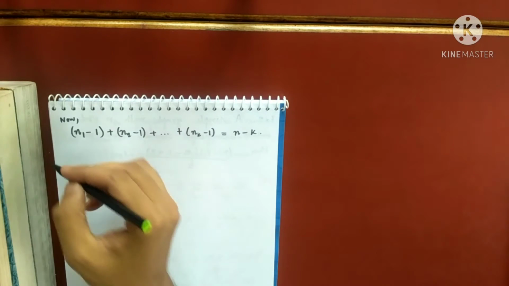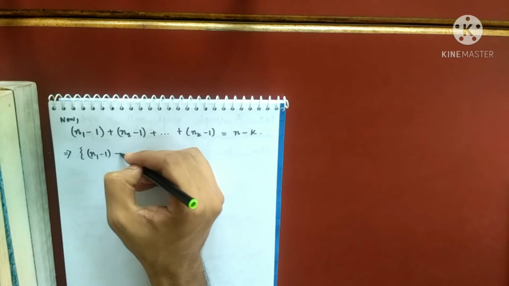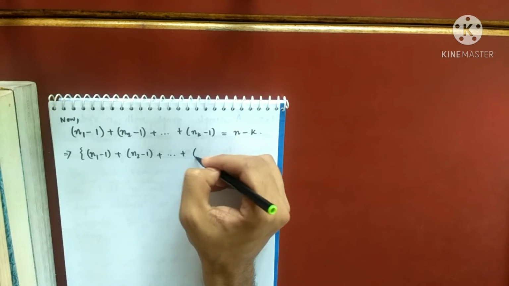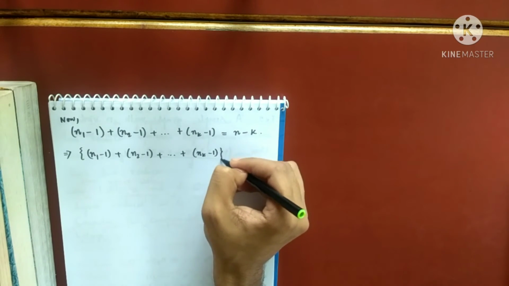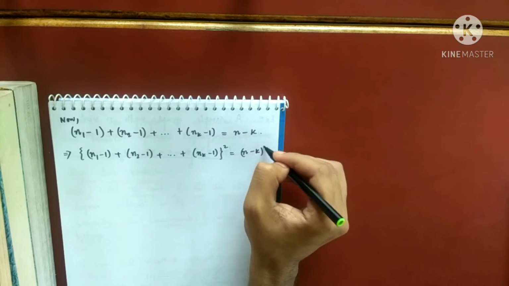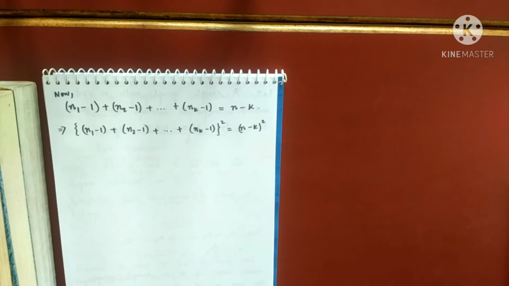Okay, I'll square both sides. So this plus dot dot dot this equals n minus k whole square. Why am I squaring? Because my target was to find n1 square plus n2 square plus dot dot dot nk square. Do you know the formula for a plus b plus c plus d plus e plus dot dot dot whole square?